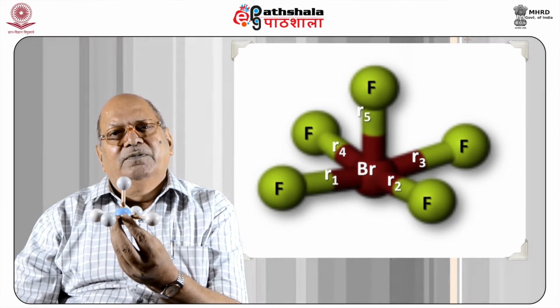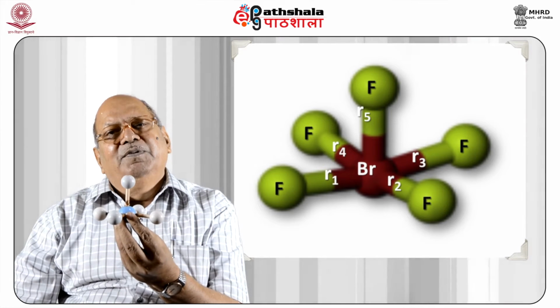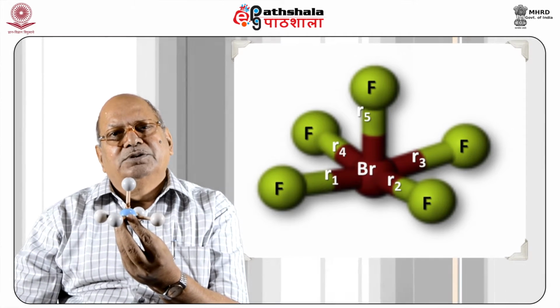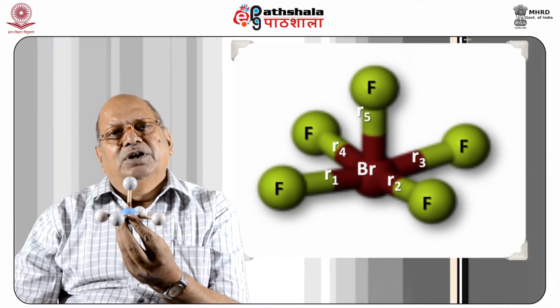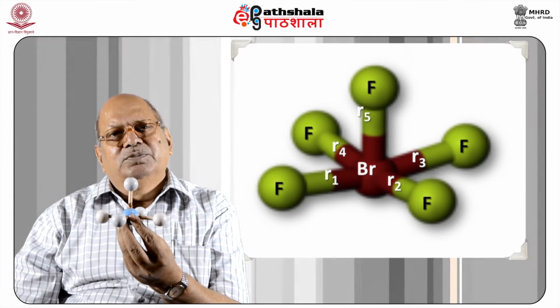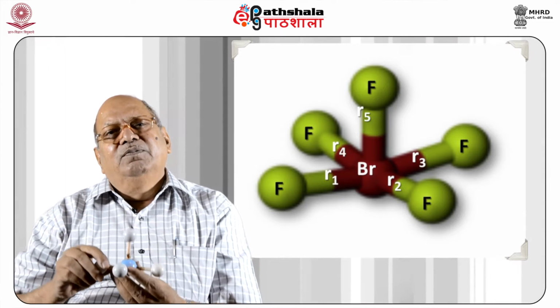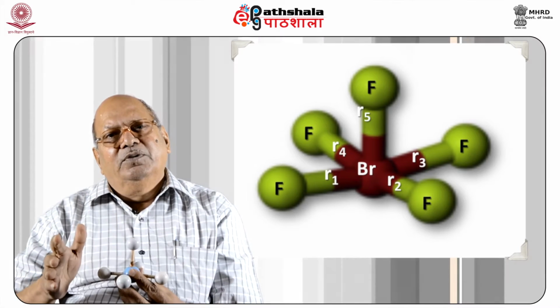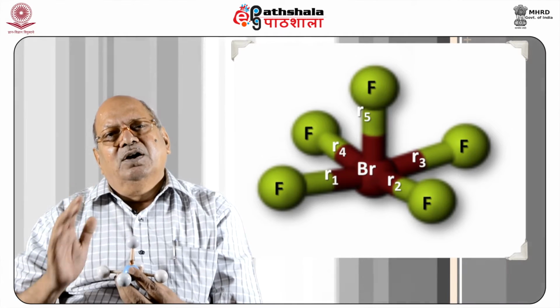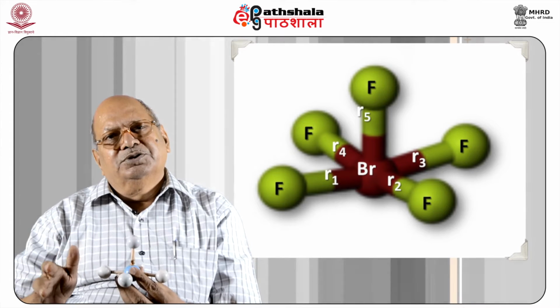This is your BrF5 molecule, and we will see the effect of various symmetry operations on these bond vectors, and how many bond vectors are shifted and how many are not shifted.